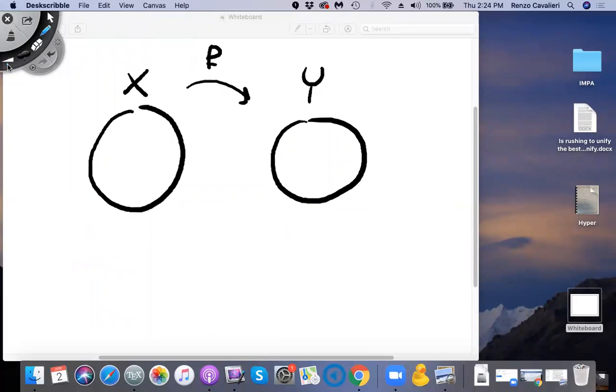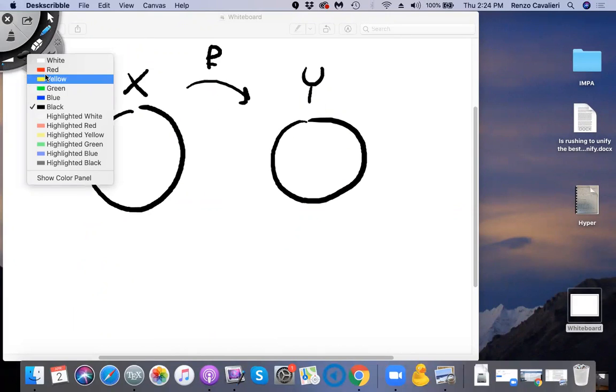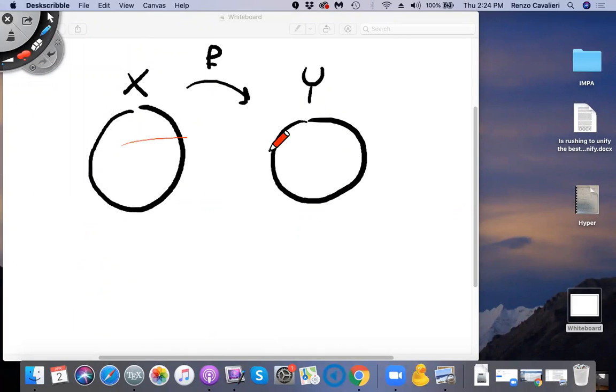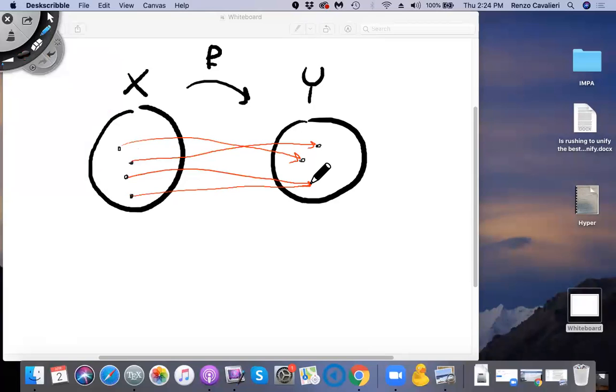I'm going to define it by giving a few arrows here. So x has 4 elements maybe, and y has 5 elements.